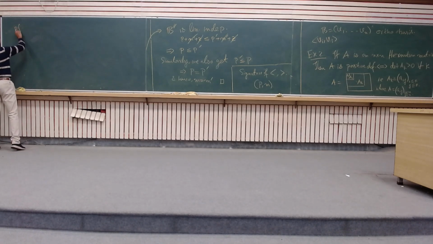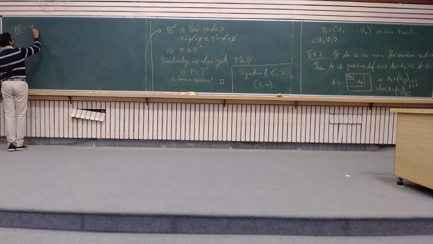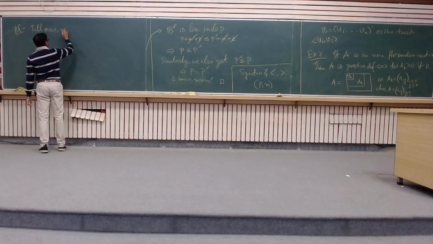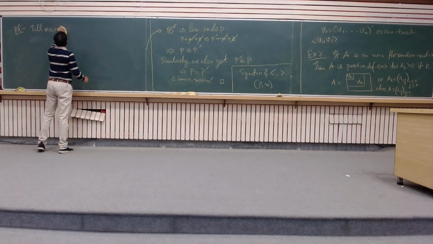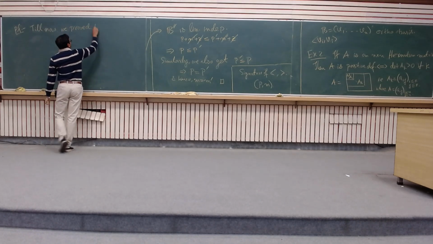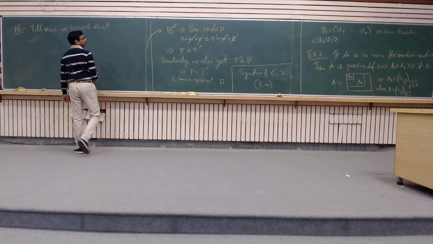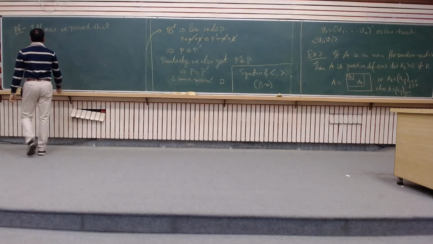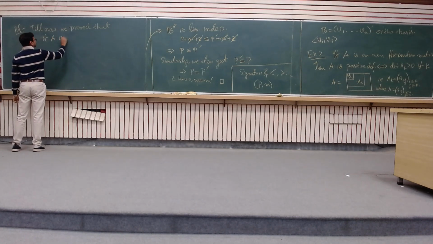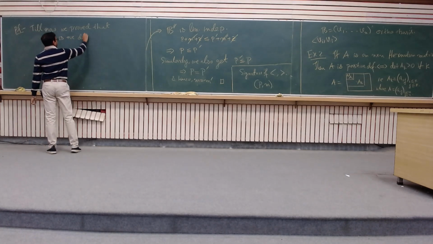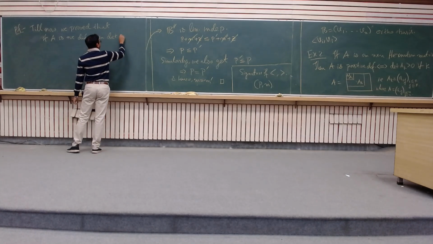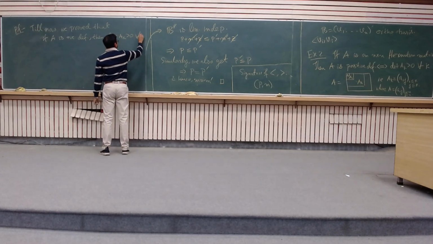So proof till now: we have proved that if A is positive definite, then determinant of AK is greater than 0 for all k.